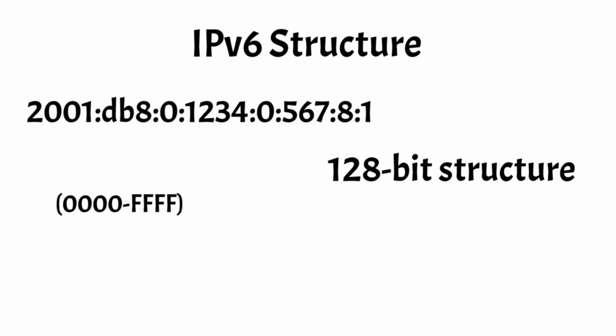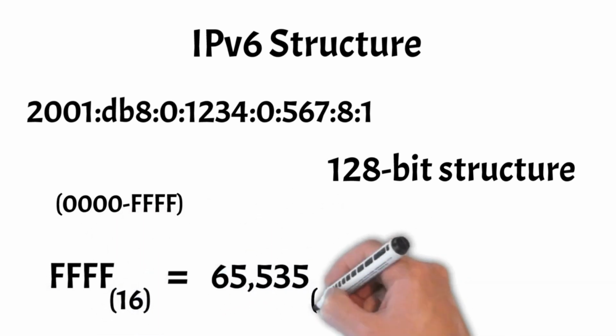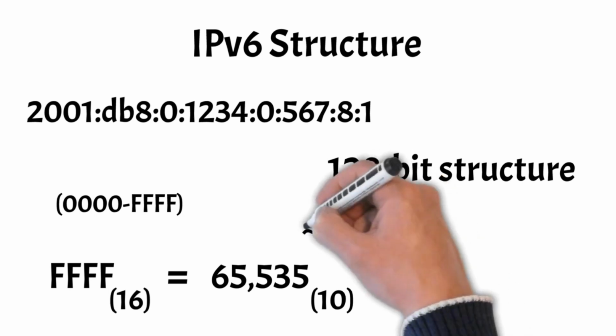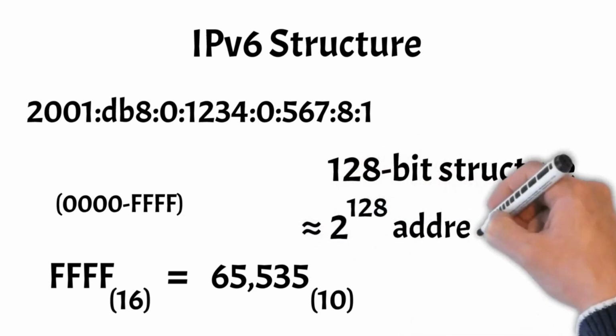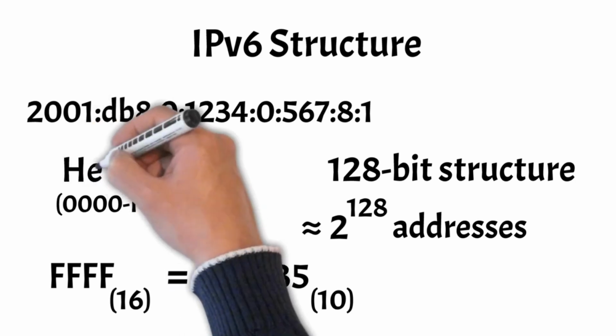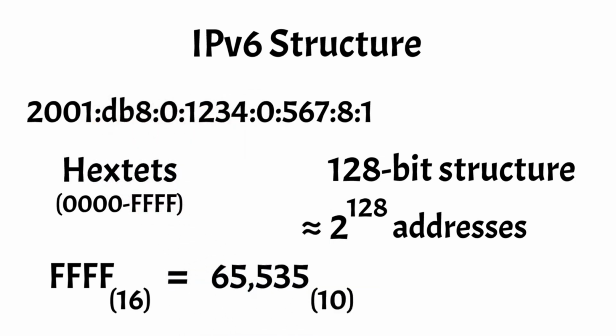For reference, FFFF in hexadecimal is equal to 65,535 in decimal. This allows for approximately 2 to the power of 128 unique addresses, effectively eliminating the shortage of IP addresses. Similar to octets in IPv4 addresses, the segments in IPv6 addresses are called hextets because each group is comprised of 16 bits, allowing for exponentially more combinations.